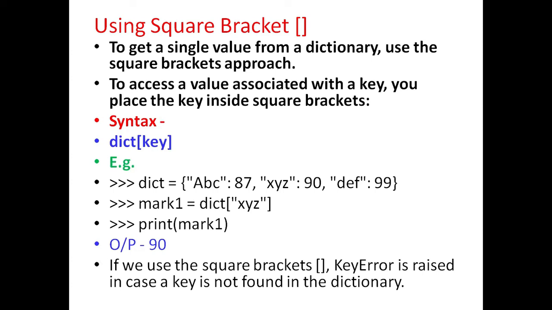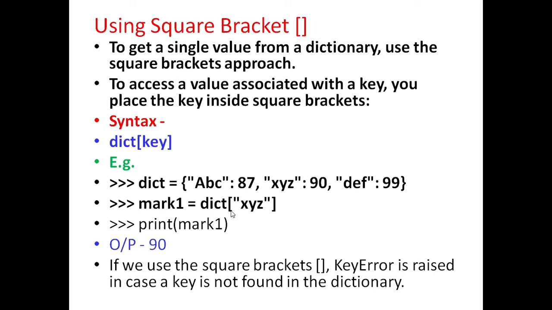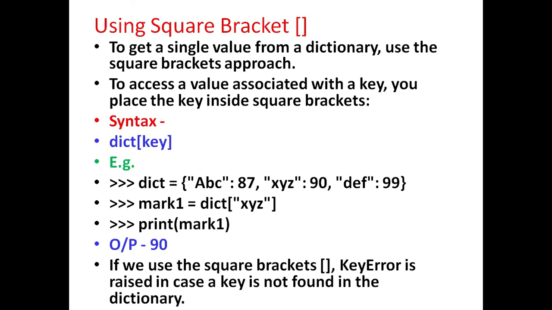For example, if we define a dictionary with ABC 87, XYZ 90, etc., where ABC is a key and 87 is a value, XYZ is a key, 90 is a value. And when we use mark1 equal to dict['XYZ'], and when we print mark1, it will give the output 90. Here XYZ is a key and 90 is a value associated with this key. If we use square brackets, a key error is raised in case a key is not found in the dictionary.